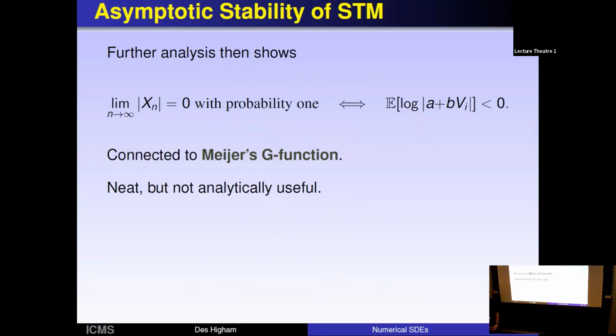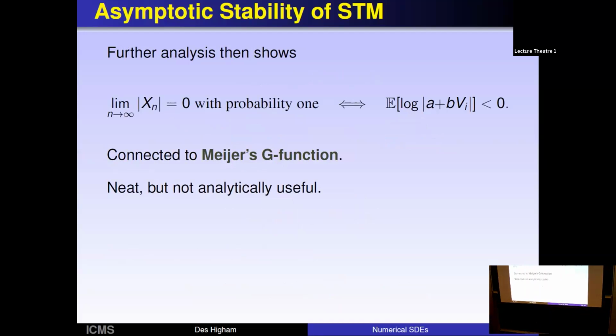And it looks neat. And when I was first doing this, I showed it to a colleague and he said, oh yes, you can understand this in terms of Meijer's G function. What you've written down there is an example of Meijer's G function. You look at Meijer's G function and it's just defined to be this quantity. So giving it a name doesn't really help you do any analysis.